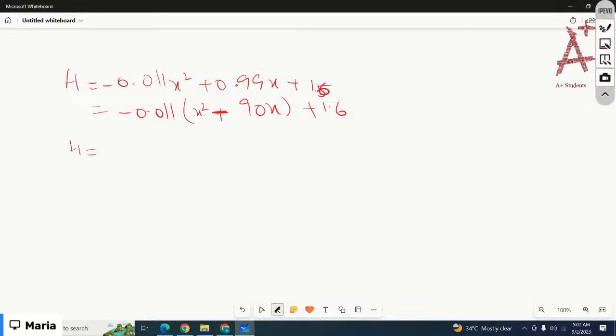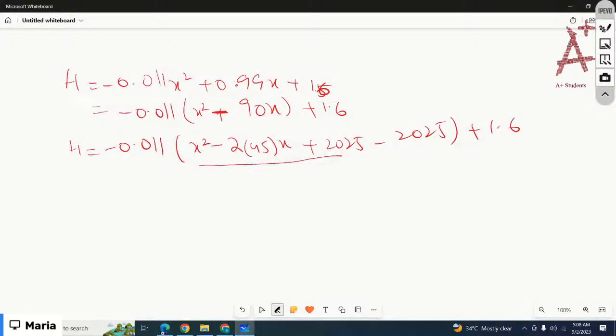So h equals negative 0.011 times x squared minus 2 times 45x. That means you have to add 45 squared and subtract 45 squared, right? It would be plus 2025 minus 2025 plus 1.6.